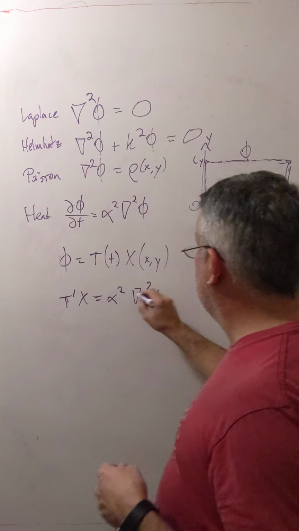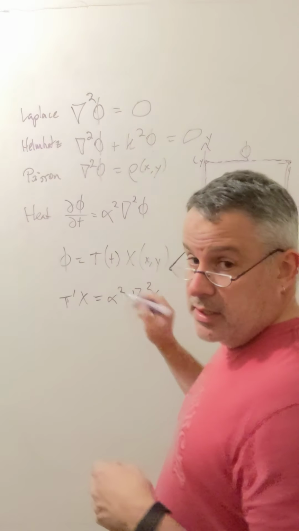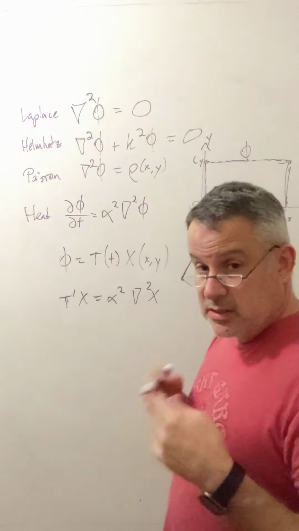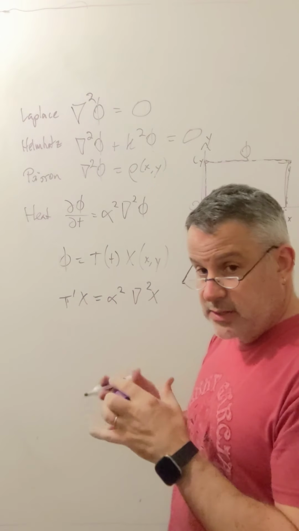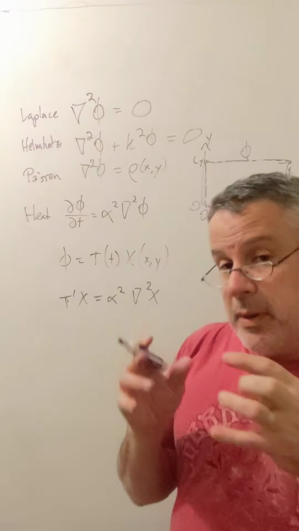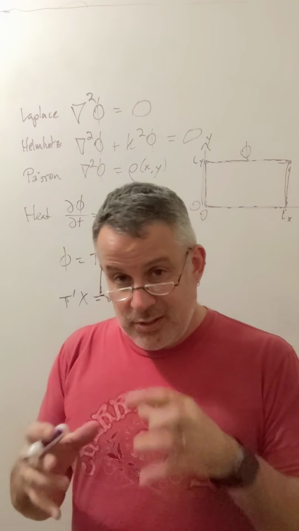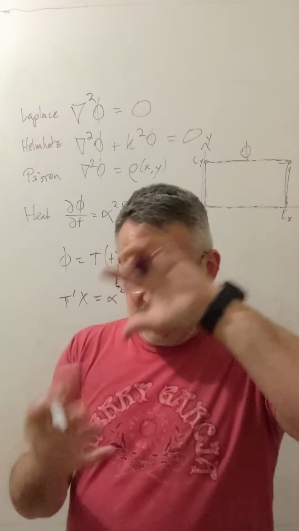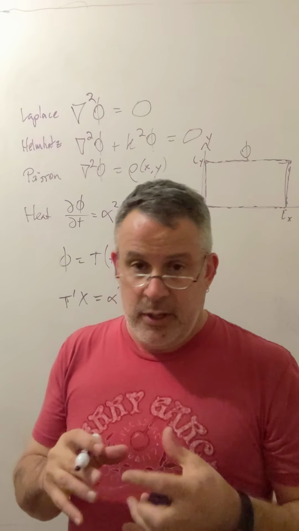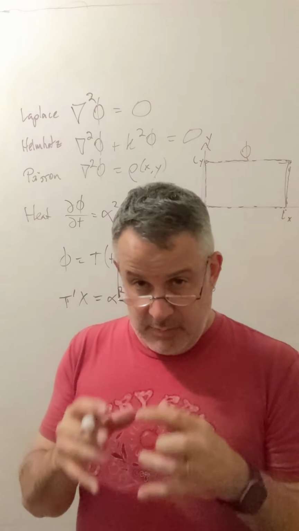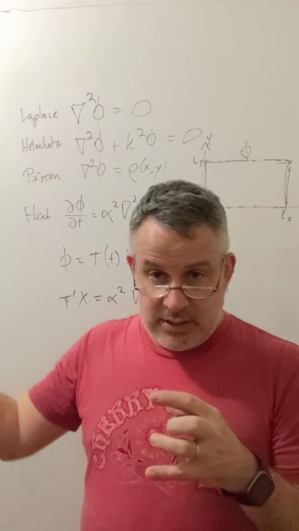Times time. But the time part is independent of the Laplacian, because the Laplacian only connects spatial directions to spatial directions. Remember, the Laplacian is something special that has to do with tensors and things that are symmetric under rotations and reflections of the coordinate system. But all those rotations and reflections we're thinking of now are just in the spatial dimensions, not having time as something separate.